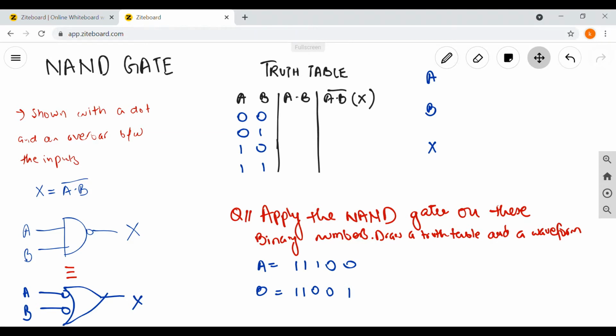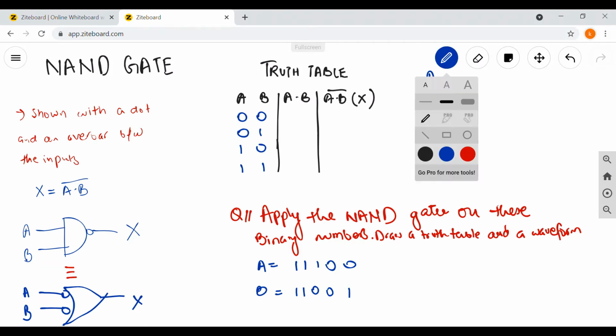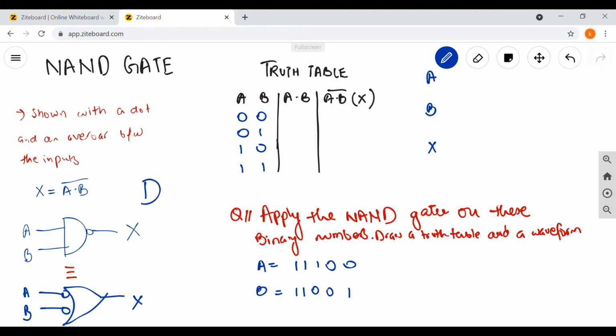And this is the symbol used for NAND, which is basically a D with a dot or an invert afterwards. And this gate, the NAND gate, is equivalent to the negative NOR gate.